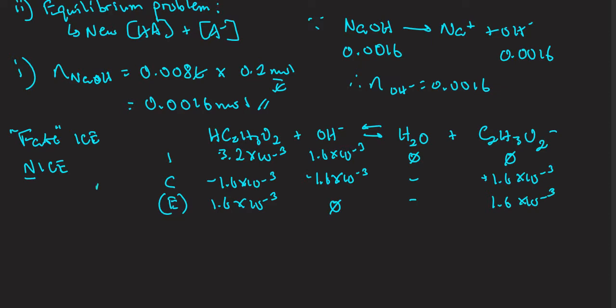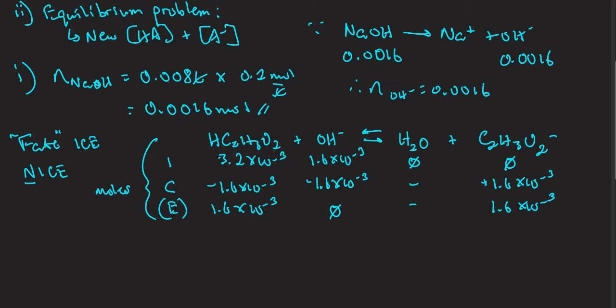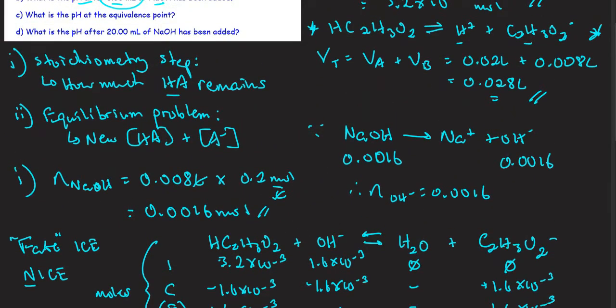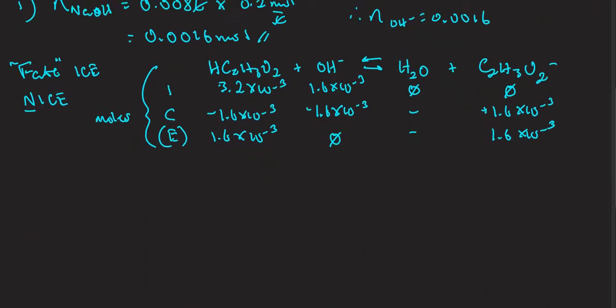These are all moles. Okay, but we have a new volume. Recall that new volume, that background calculation I said that we would need to pay attention to in this stage. Okay, we have 28 mils. So new concentrations. New concentrations. That now is important to figure out.